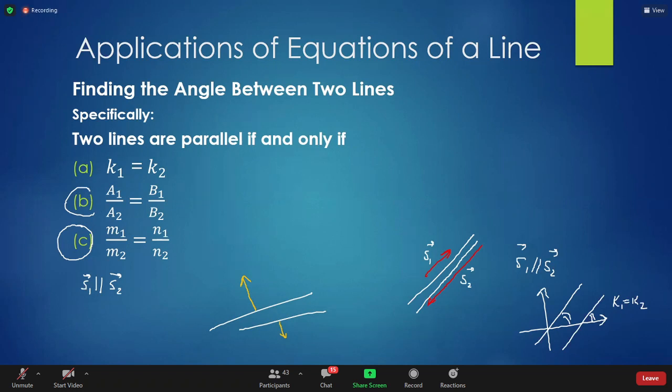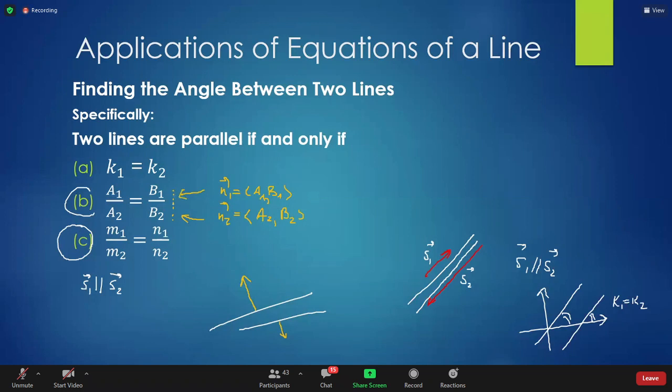That is, again, the same test for parallelity. The first normal vector is A1, B1, and the second normal vector would be A2, B2. Of course, again, the coordinates have to be in proportion.